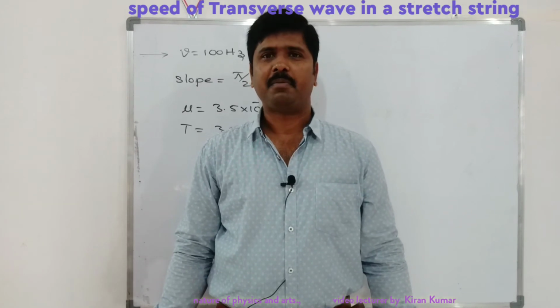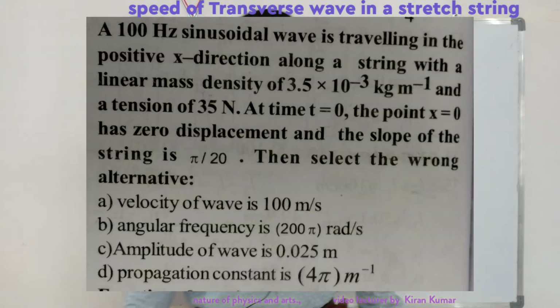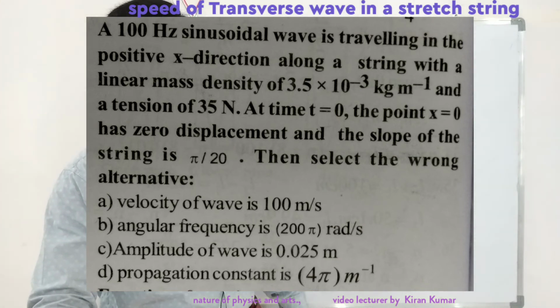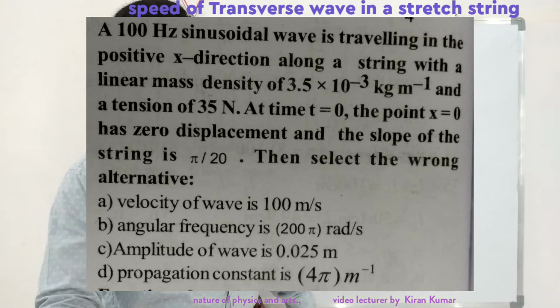Second example problem. Listen carefully. A 100 hertz sinusoidal wave is traveling in the positive x direction along a string of linear mass density 3.5 into 10 to the power of minus 3 kg per meter and tension of 35 Newton. At t is equal to 0, the position x is equal to 0 has 0 displacement and the slope of the string is pi by 20.